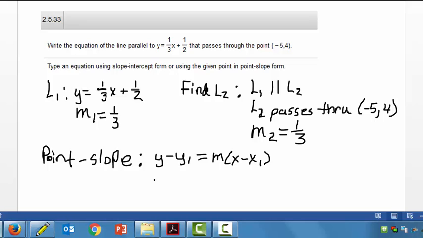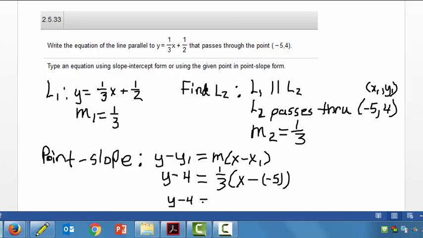So this point that L2 passes through is our point whose coordinates we'll label as x1, y1. So we have y minus 4 equals 1/3 times x minus a negative 5, which is the same as y minus 4 equals 1/3 x plus 5.